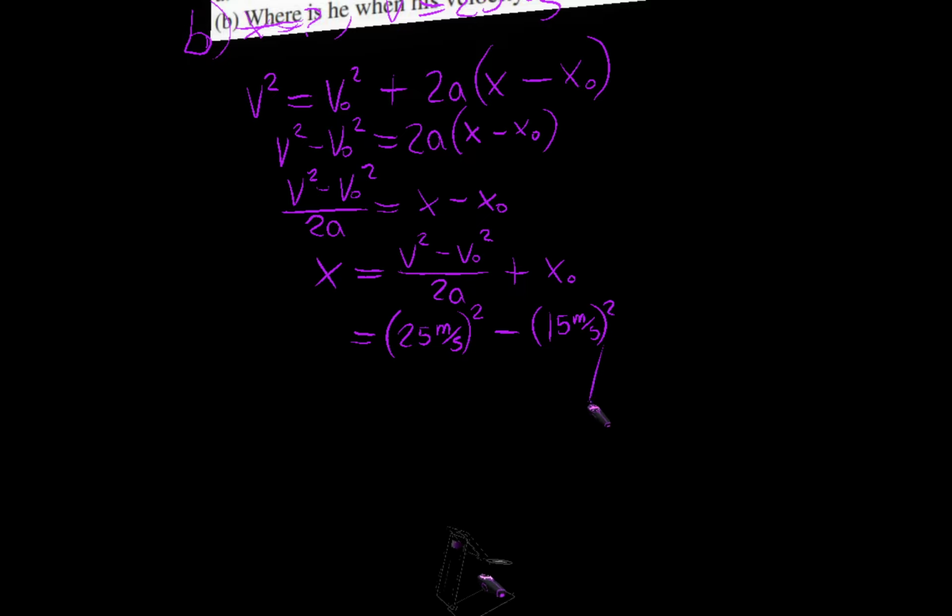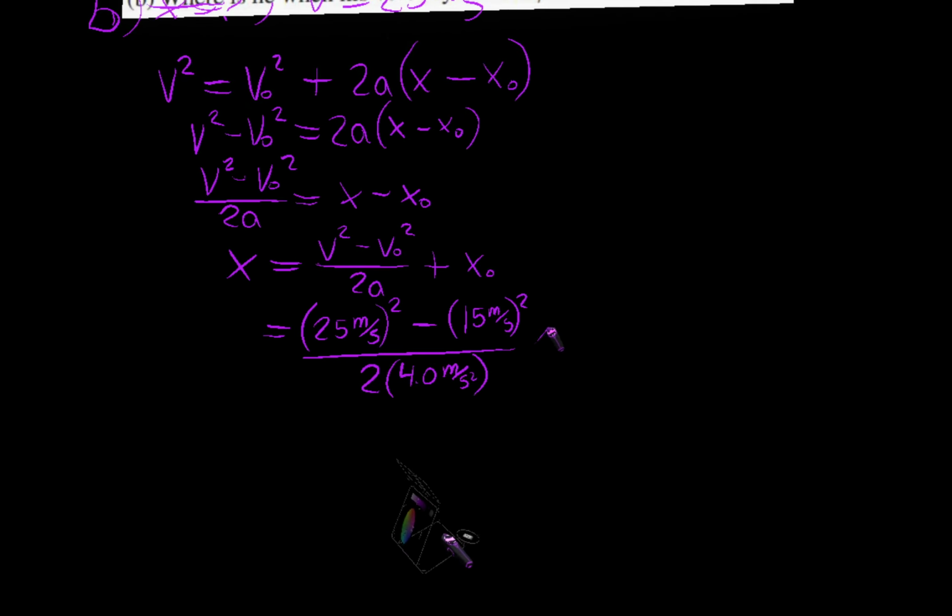And that's also squared as per our equation. Divided by 2 times the acceleration, which I believe was 4.0 meters per second squared. And don't forget this plus his initial position, which is not 0 here, it's 5, I believe. 5.0 meters due east. Yes.